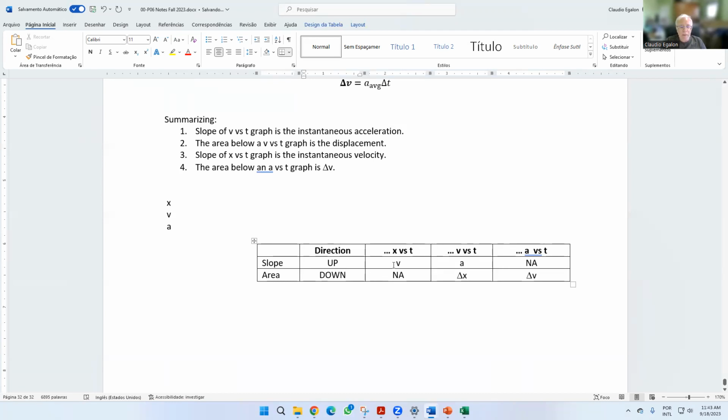If it's X versus T, up means V. If it's V versus T, up means A. If it's V versus T, down means delta X. If it's A versus T, down means delta V. The progression is X, V, and A. The slope goes up, area goes down.